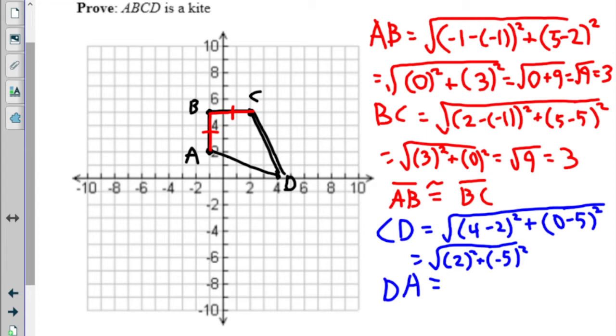Even if I take a negative number and square it, I'm still going to get a positive. Because here I get 4, and then negative 5 squared is a negative 5 times a negative 5 is a positive 25. So I wind up with square root of 29. Make sure if you're taking a negative number and squaring it, you should get a positive number.